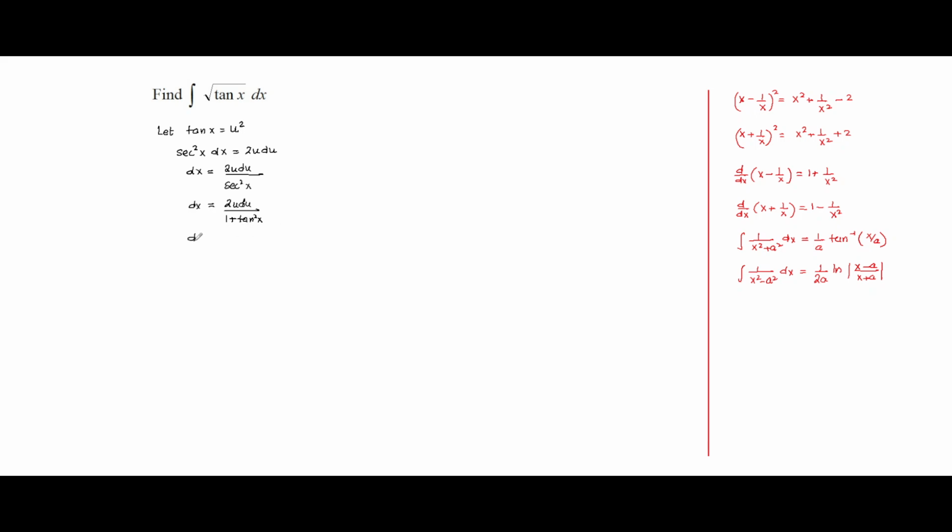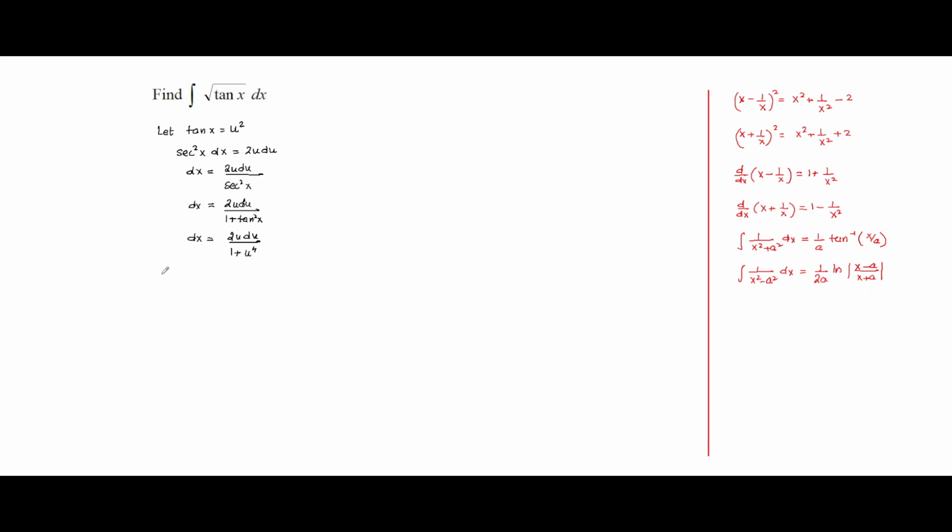But according to our substitution, tangent of x is u squared. So this becomes 2u du over 1 plus, and now tangent square will become u to the fourth.